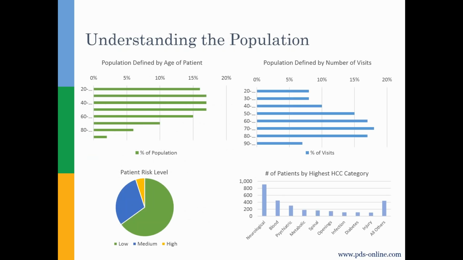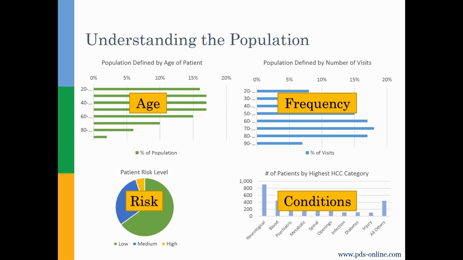In the past, I've had to do things like build graphs based on the demographics of my group, looking at the number of patients that I have in an HCC category, looking at the number of physicians and their patient risk scores for their population, looking at the size of the population based on the number of visits because I didn't have the number of patients. Unfortunately, this doesn't really help me understand the linkages between these. So they're interesting, but they don't really help much in my decision-making process.